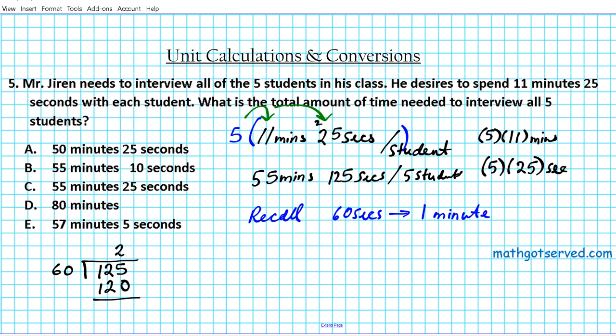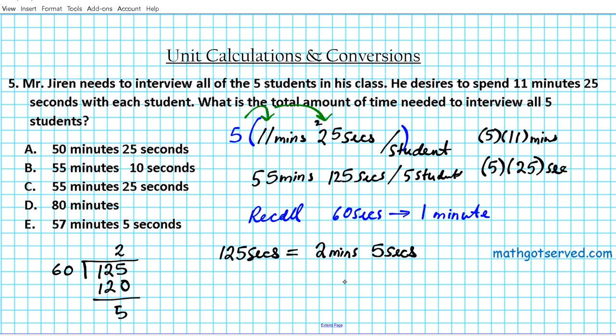Okay, and then we'll subtract that. We're left with 5. So what does this answer tell us? This answer basically tells us that 125 seconds is equivalent to 2 minutes. That's 120 seconds, and remainder 5, which is seconds. 5 seconds is not enough to be converted to minutes. You need 60 seconds to convert to minutes.